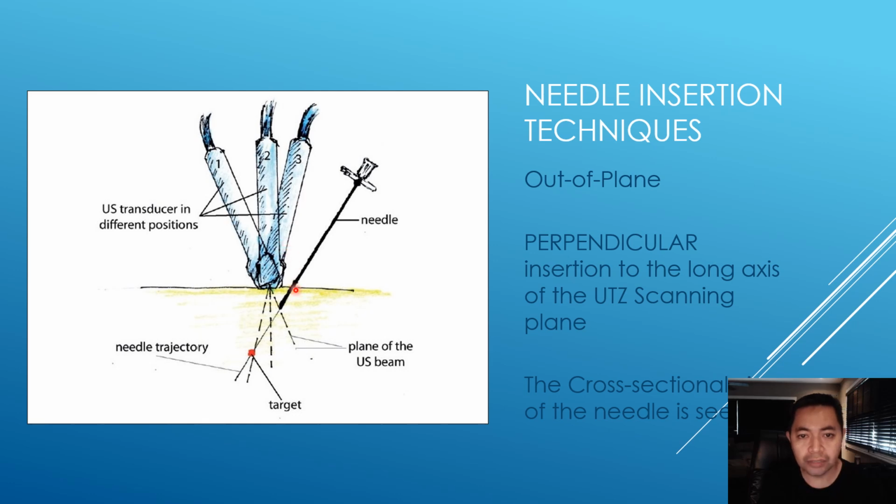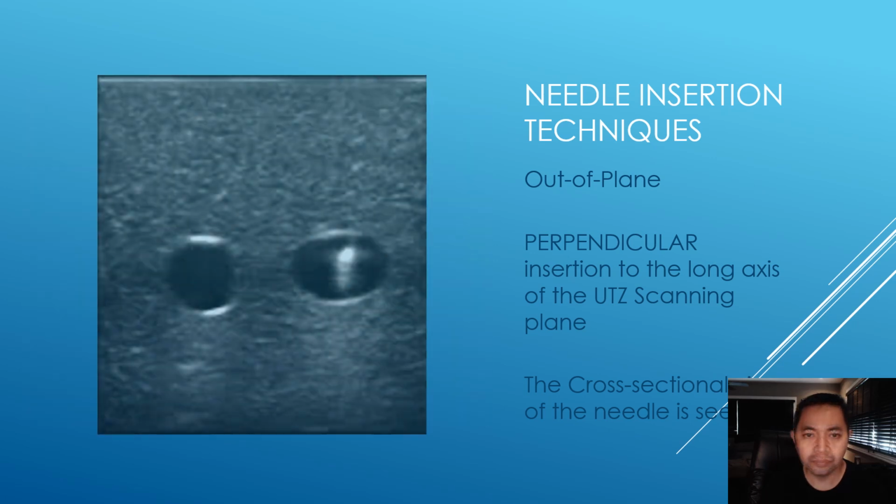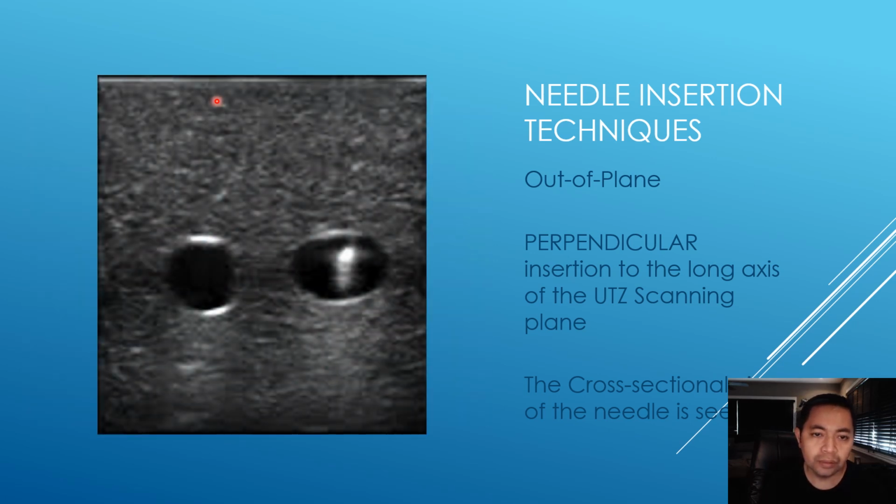There are also various angles that the ultrasound probe and needle may be angled in the out-of-plane technique to guide your needle and to reach your target. Take note that in the out-of-plane technique, only a cross-sectional view of the needle is seen, like this tiny dot over here.